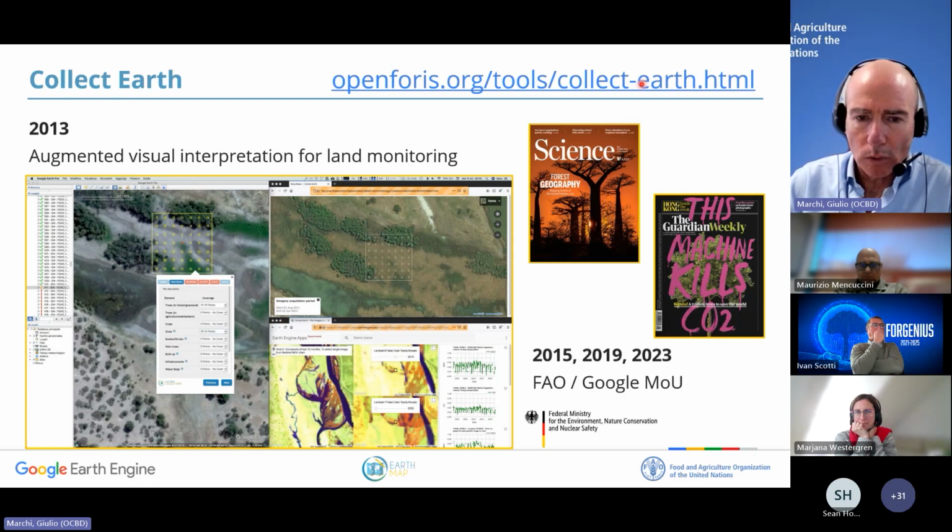to release easy tools with an open approach, open both in the import of the data and in the export of the data. Collect Earth was used for land monitoring, mainly for the reporting mechanism of the UNFCCC, so that countries could prepare the activity data for their reporting, coupling, as you can see in this image, the very high resolution imagery of Google Earth with a custom form that can be further customized according to the needs of the survey, where the user enters the information on a specific plot.